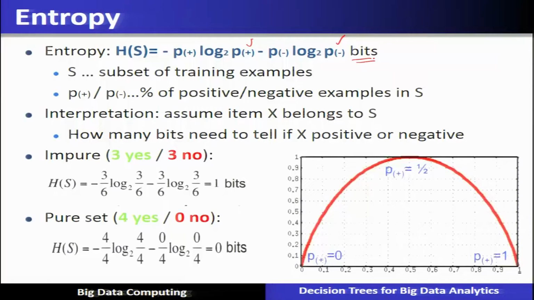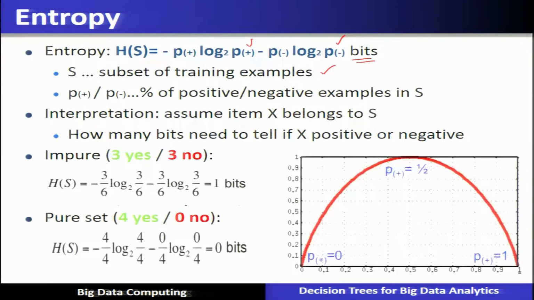So if we calculate the entropy of a particular set of training examples, then we will get the bits. This interpretation of the bits we are going to use to infer whether to split or not. How this is all done, we are going to see now.